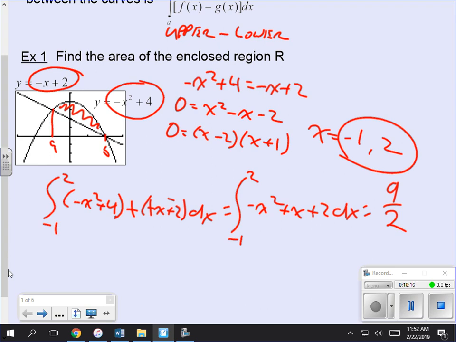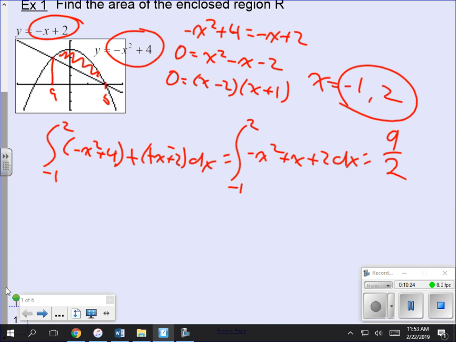And when I say sketch drawing, it doesn't have to be exact. For this one, I'd say, okay, I've got a parabola, I've got a straight line. That gives me an idea what I'm looking at. More than likely, it's going to be this. In theory, you could have that, but it doesn't cross each other, so I would have to have some other indication what the bounds are.